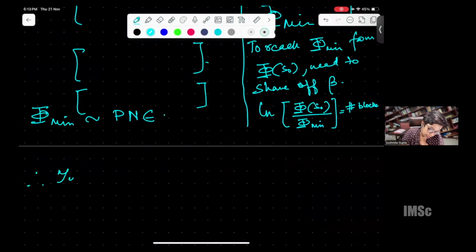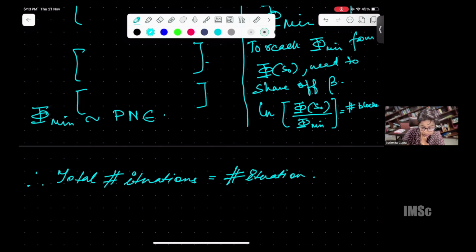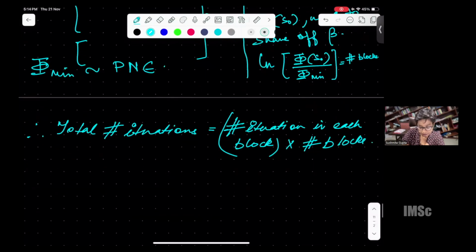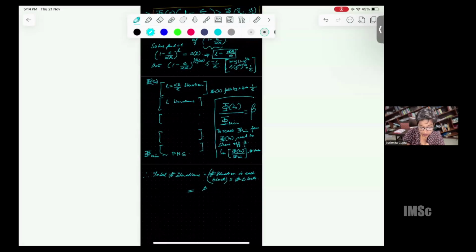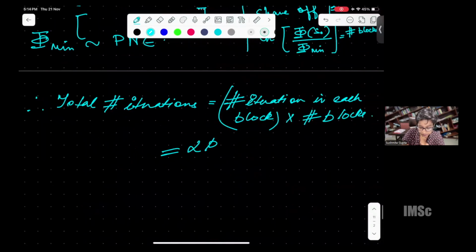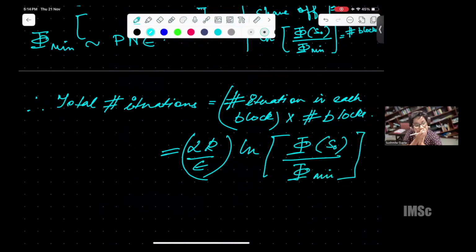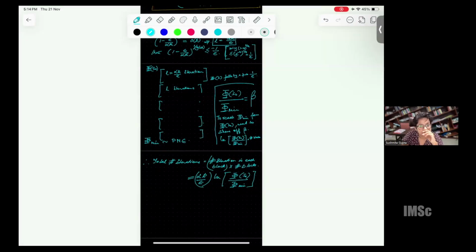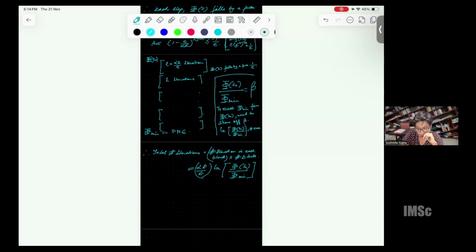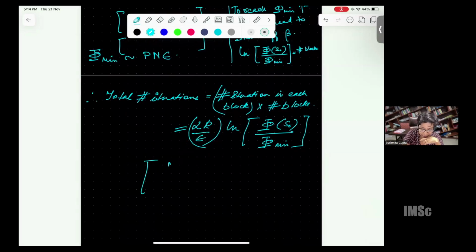Therefore, the total number of iterations would be the number of iterations inside each block times the number of blocks. Correct? This is why this is this quantity, see, alpha k. Okay, so voila.